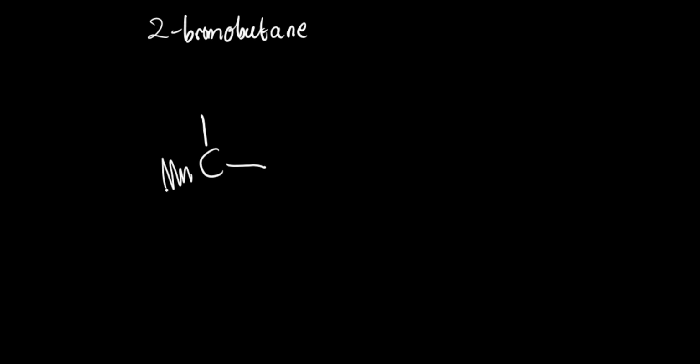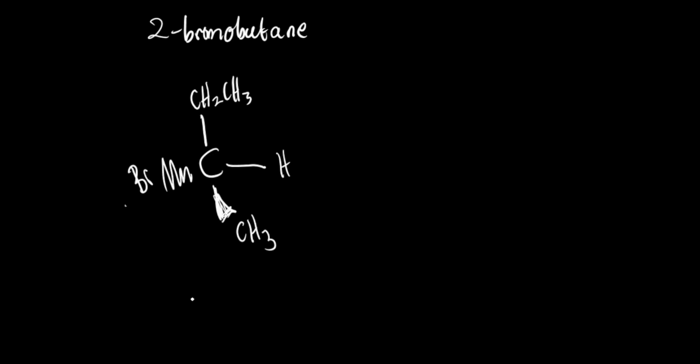This is our dashed wedge, and then this is our solid wedge. Now I would attach here ethyl, I would attach here bromine, I would attach here hydrogen, and I would attach here methyl.